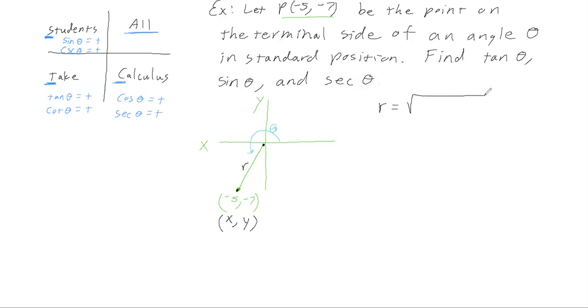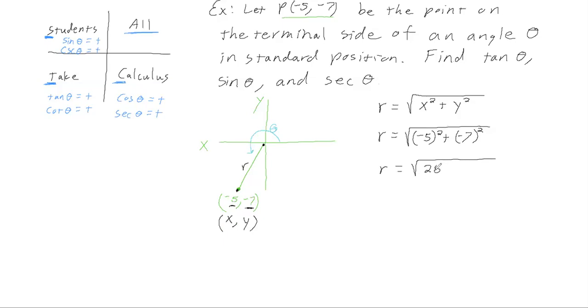R was equal to the square root of x squared plus y squared. So r would be the square root of, what's x here? -5 squared plus y squared. What's y in this case? -7. Let's see, what does that give me?